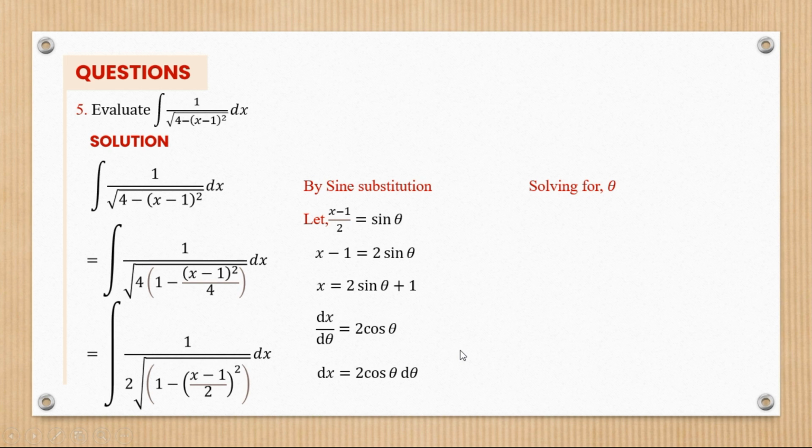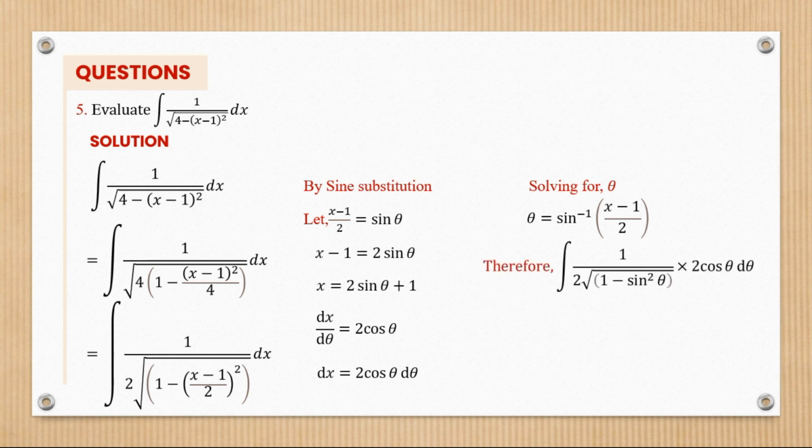Now let's solve for theta. From here, we can see that theta shall be equal to sine inverse of bracket x minus 1 over 2. So our integral shall be 1 over 2 into bracket 1 minus sine squared theta times 2 cos theta. But now you know that this 1 minus sine squared theta is the same as cos squared theta. And we can already see that this 2 and this 2 shall cancel. So this is what we're left with.